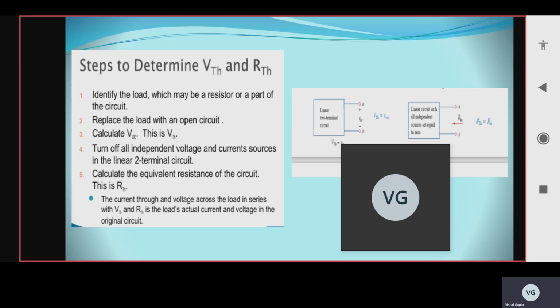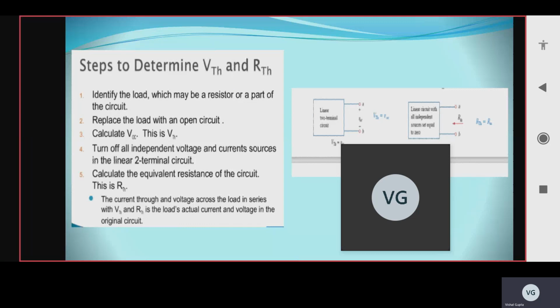And the third step is to calculate VOC, and this becomes equal to the Thevenin voltage.